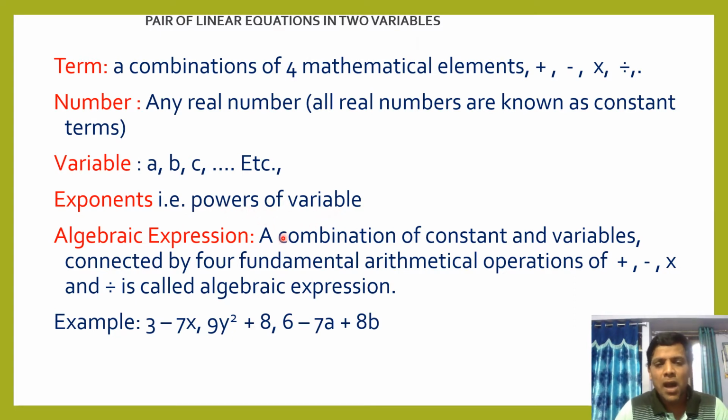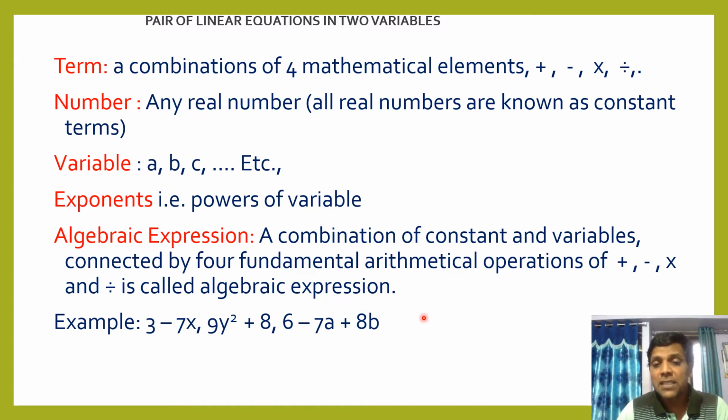Now next one, algebraic expression. Expression means combination of terms. So what is meant by algebraic expression? A combination of constant and variables connected by four fundamental arithmetical operations of plus, minus, into and divide by is called algebraic expression.